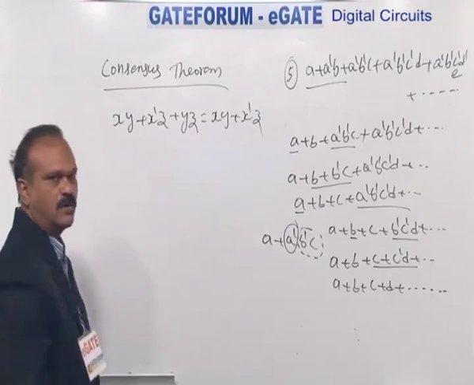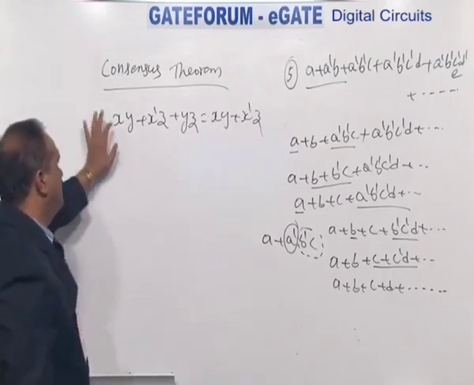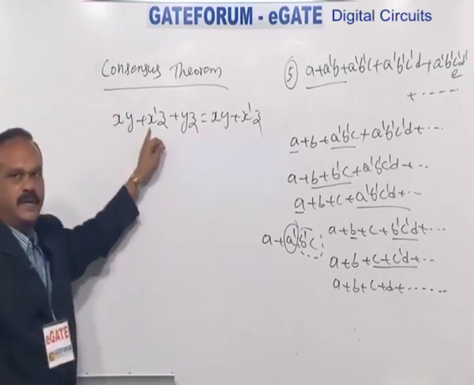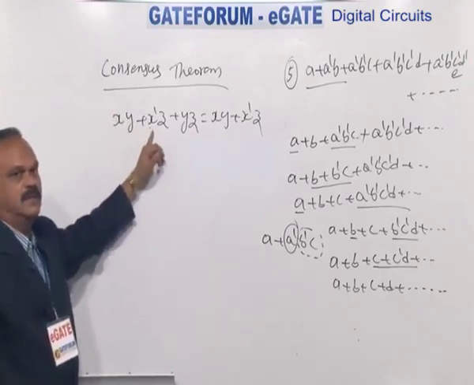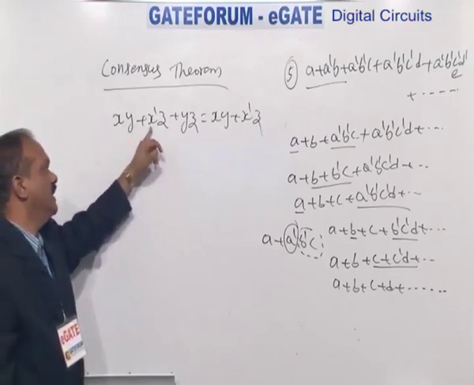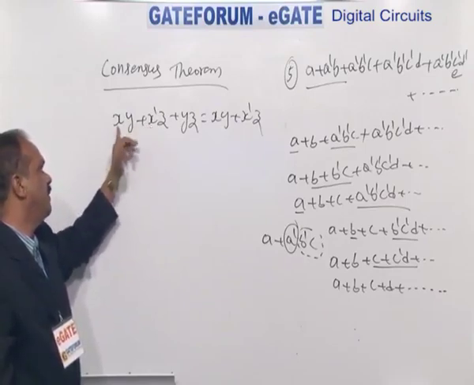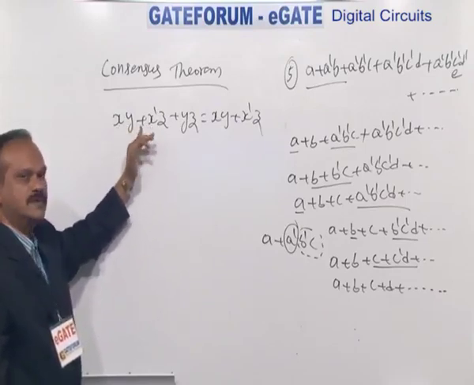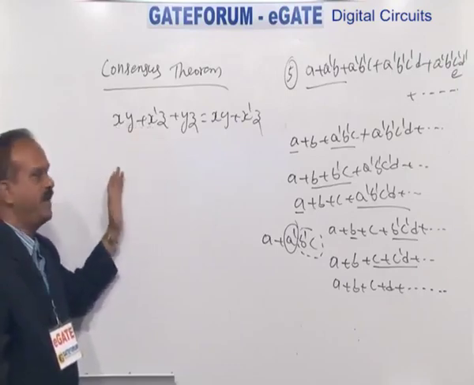So let us see how to apply the consensus. If you want to apply the consensus theorem, there should be a variable in complemented and uncomplemented form, that means x and x bar. Then you observe the multiplication factor of that variable in complemented and uncomplemented form.